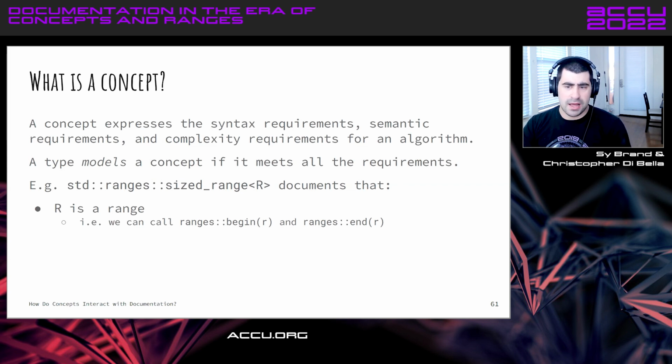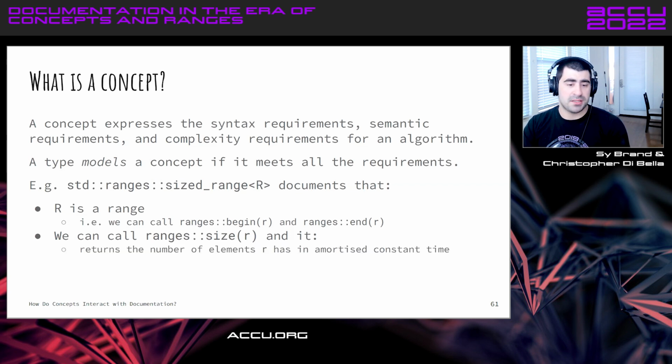And so when we call another function called ranges::size on r, this guarantees that it returns the number of elements that r has in amortized constant time, and it doesn't modify r, and it always works if r is a forward range.